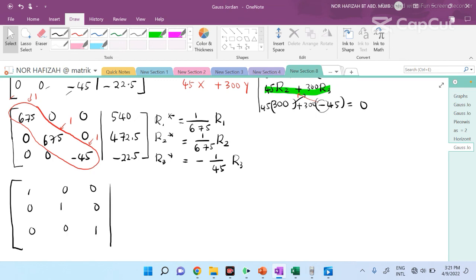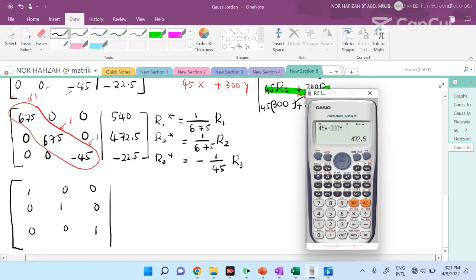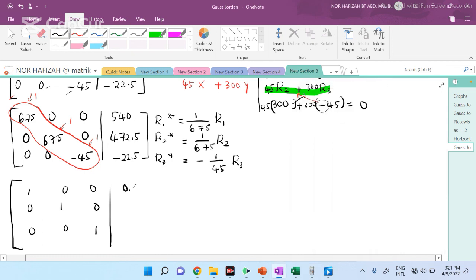So for the first row, divide with 675, 540 over 675. Change to decimal, 0.8. The answer is 0.8.